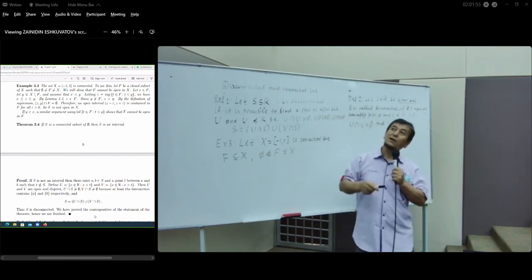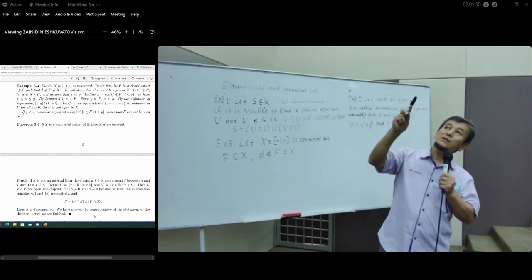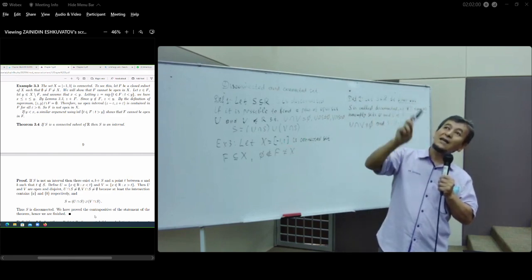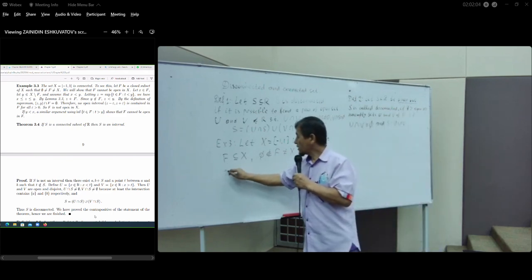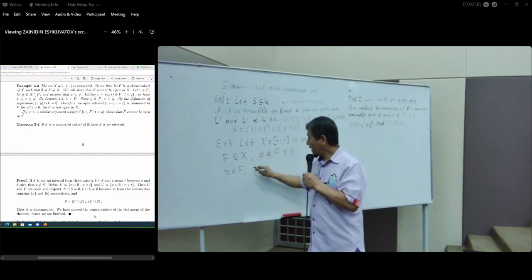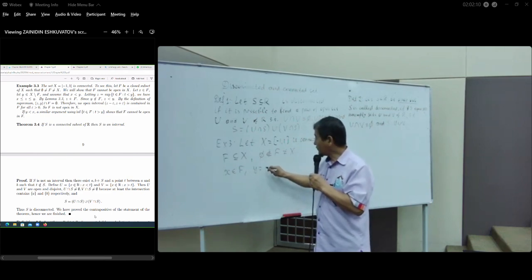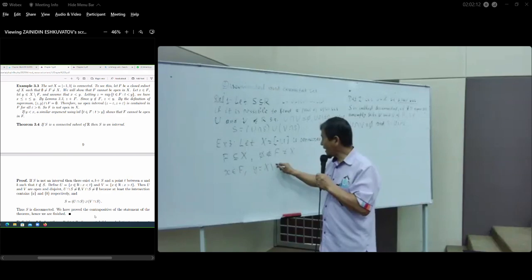So to do this, they take x and y from different places. x they take from capital F, and y they take from X minus F.